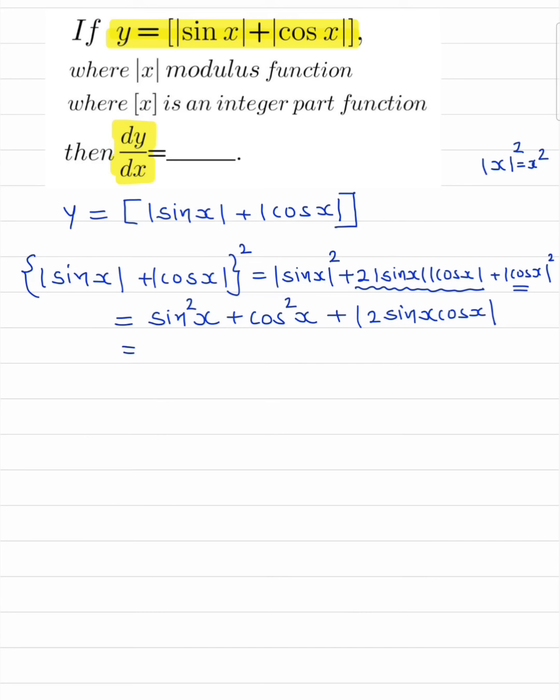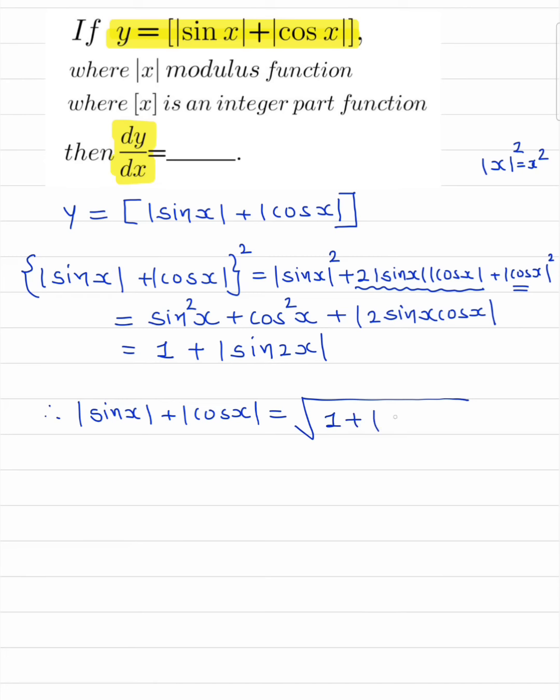We know that sin square plus cos square is 1, and 2 sin x cos x is nothing but sin 2x, so mod sin 2x. So mod sin x plus mod cos x is nothing but under root 1 plus mod sin 2x.